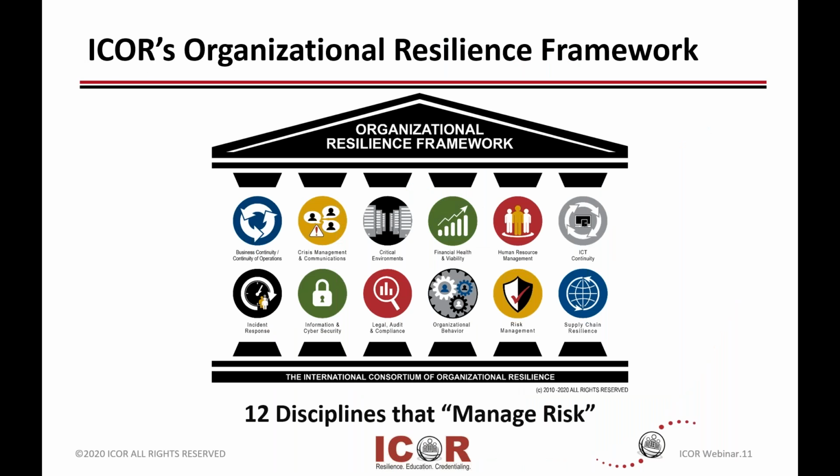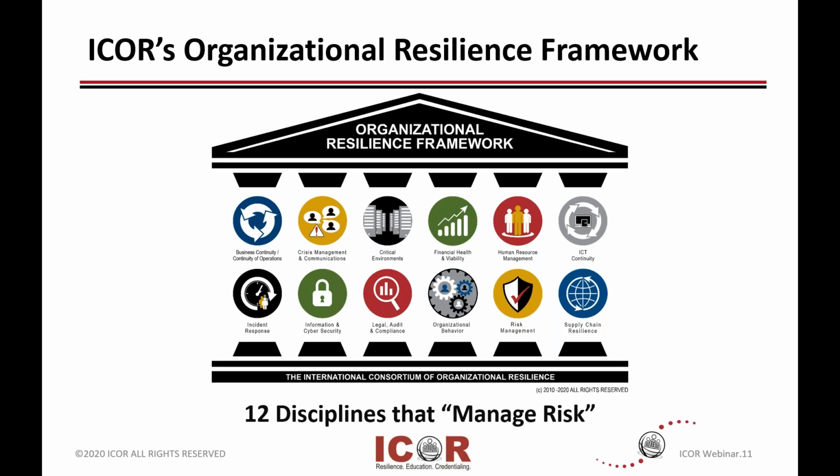Back in 2005, we put together an organizational resilience framework, and we were really looking at that time at 10 disciplines. And in 2016, we moved to 12 disciplines. And part of that, actually, I think it was either 2012 or 2016, I can't remember which year.